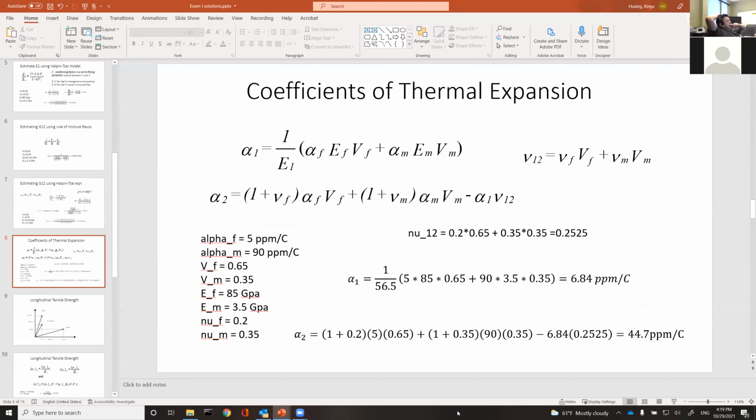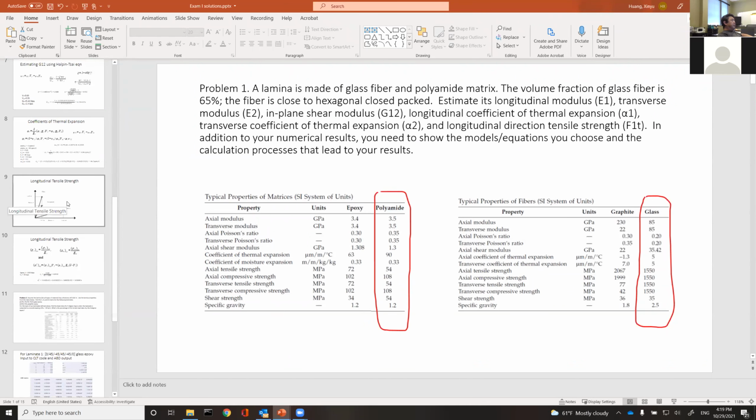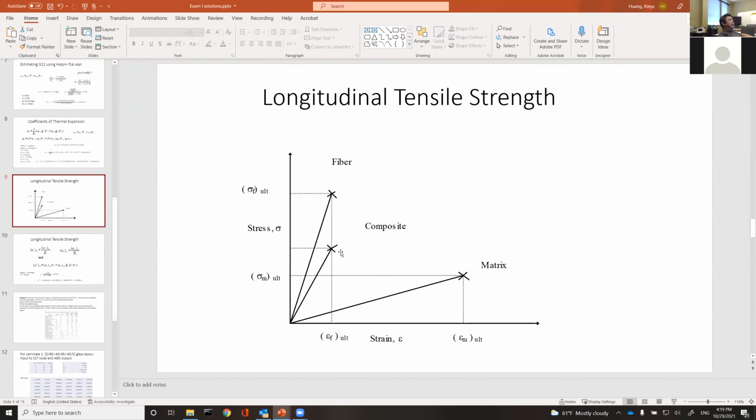All right, now the last part. Yeah, the last part we need to predict is the tensile strength in the one direction, F1T or sigma 1T. All right, so that number is predicted based on the assumption that the lamina will break at the same strain as the fiber breaks.